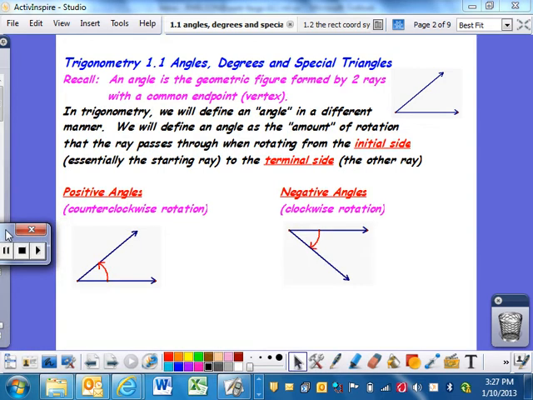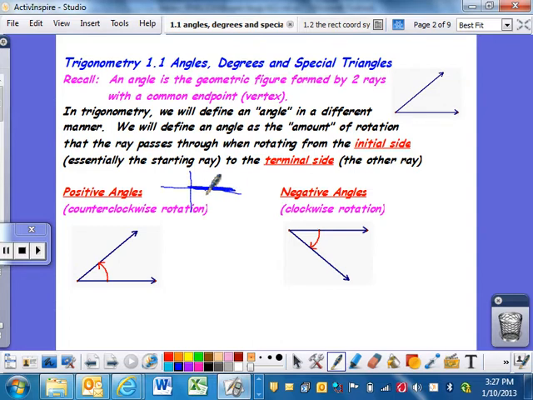We are going to start this chapter out by talking about simple things that a lot of you have seen before: angles, degrees, and special triangles, okay? Way back in geometry, for some of you that was 2-3 years ago, an angle was formed by two rays. In trigonometry, it's a very similar process, except everything starts at the positive x axis.